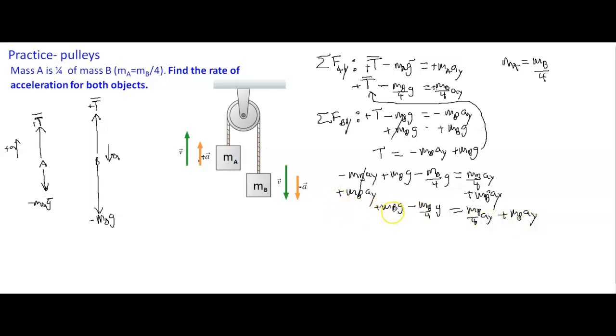Here I'm going to pull an MBG out, and I get 1 minus 1/4.